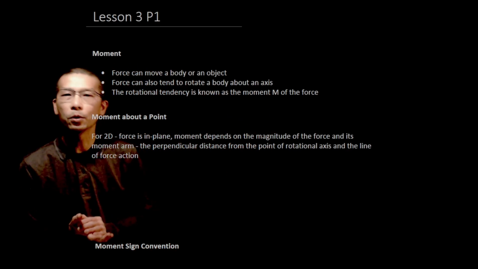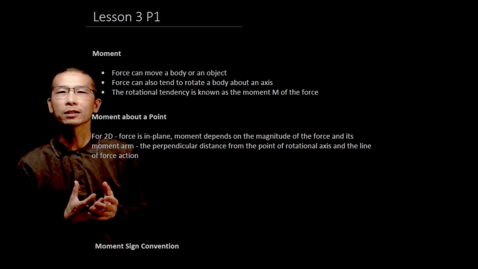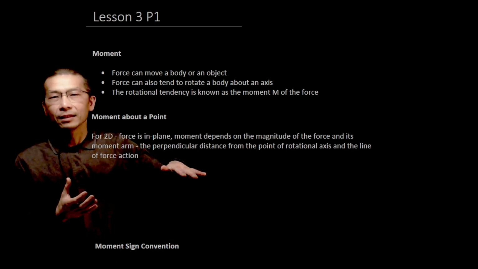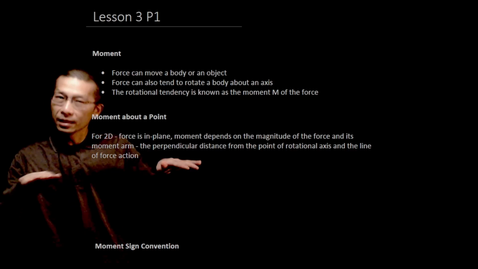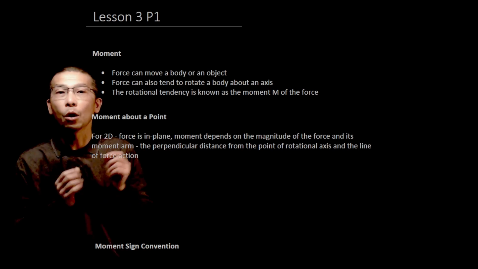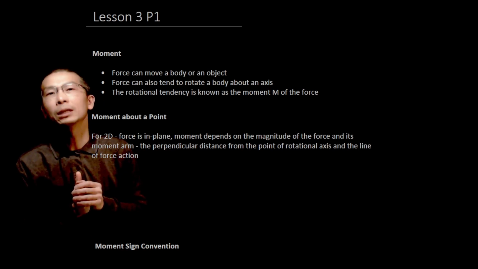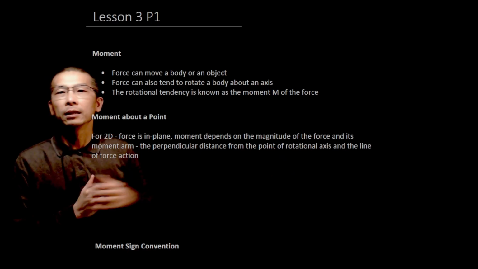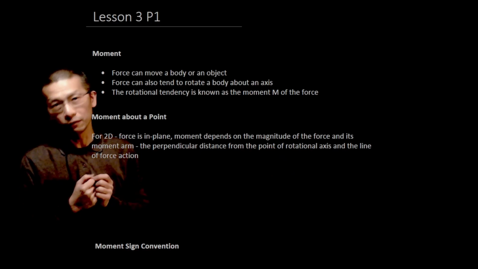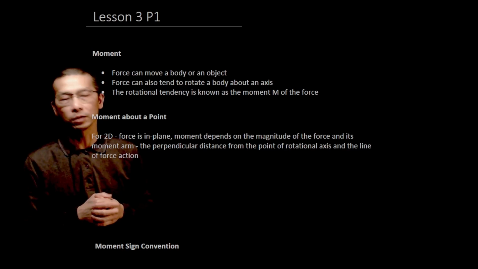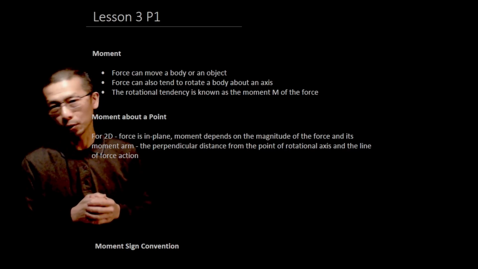Moment about a point. For a 2D force, it's in plane, right? Because 2D is a plane. Moment depends on the magnitude of the force and also what we call a moment arm. So not only the magnitude of the force matters, the location of the force is also important.